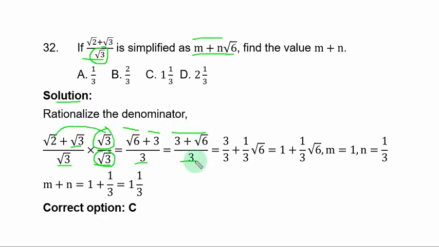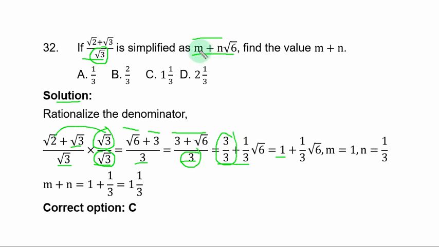The numerator, the two terms there, they are sharing 3 in common. You can break it down in this form, where you have 3 over 3 plus 1 over 3 root 6. If you divide this term, you have 1 plus 1 over 3 root 6.